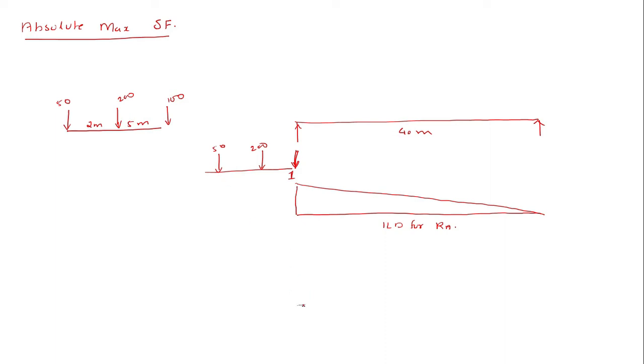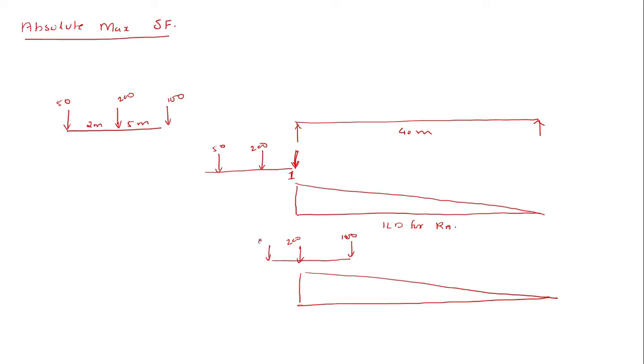Next case will be like this. The same thing I am drawing here. Here 200 will come here, then you have 100 here, and then you have 50 here. This is another case, and this is 1, this is 2. This one anyway will not be there, so I am not finding it out.